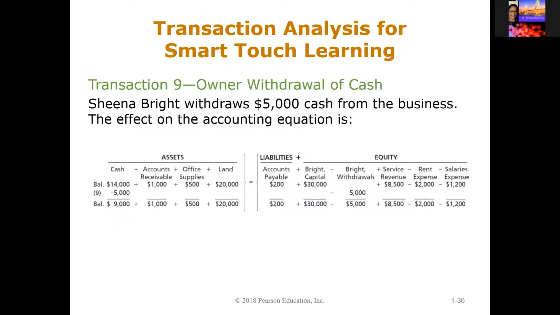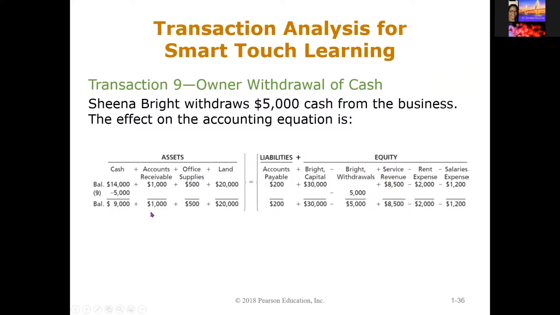In transaction 9, there's a withdrawal of cash by the owner. The owner in this case is Sheena Bright. She withdraws $5,000 cash from the business. So cash and equity decrease. Here you see the cash is decreasing. Now the balance in cash is $9,000.